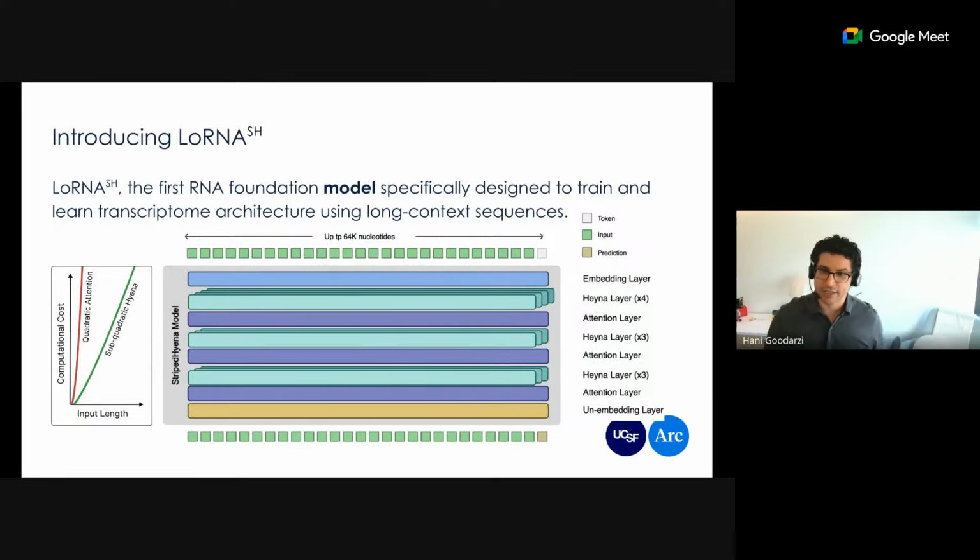It's a massive KQV calculation at around 64K. Hyena operators solve that problem. They are attention-like operators, but they're state space models that capture the same long context relationships without the quadratic growth.